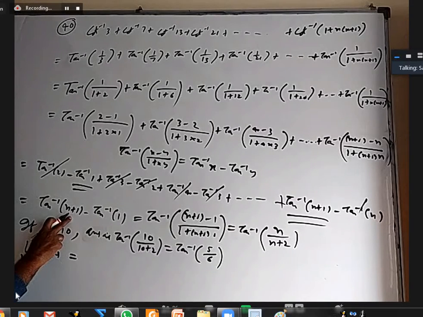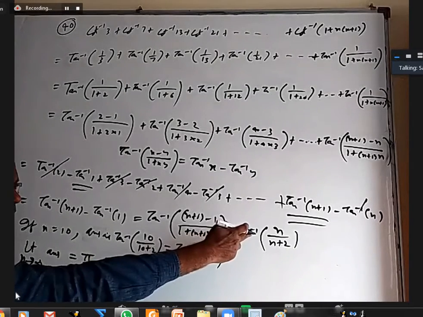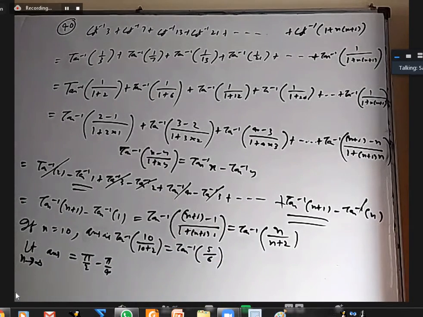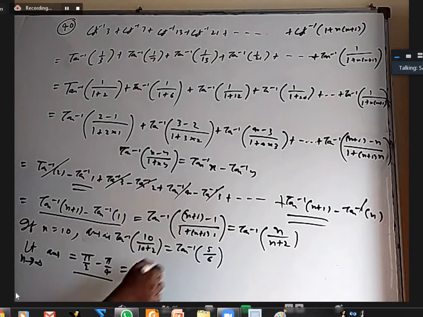Or if you look at this, when n becomes infinity, this will become infinity and tan inverse infinity is pi by 2. If somebody is using this, you'll get pi by 2, and directly this tan inverse 1 is pi by 4. Or if somebody uses that, they will get directly tan inverse 1, which is also pi by 4, either way.